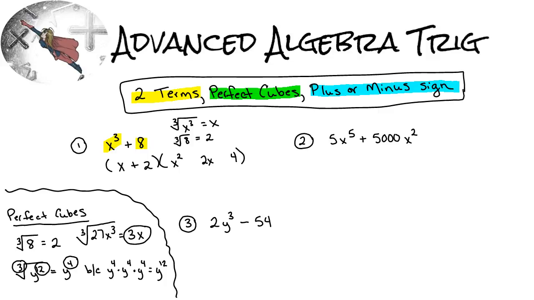So what we did there was you square, let's first of all call this the first term, and this I'm calling the second term. Okay, so you square the first, and at the end you square the second term. That's how I got x squared and 4. And in the middle, you multiply the first and second.